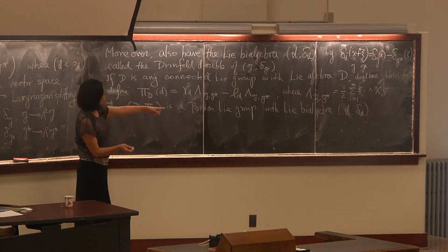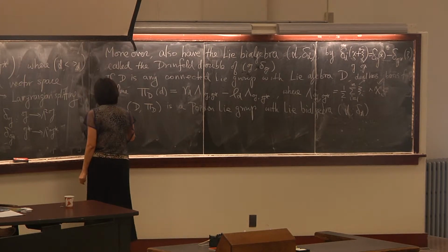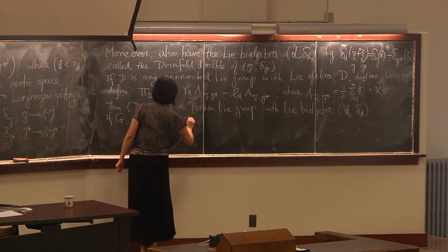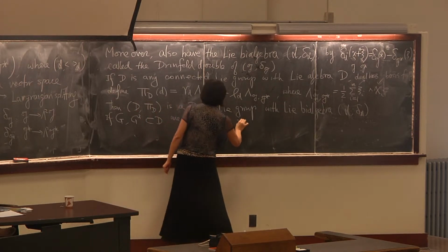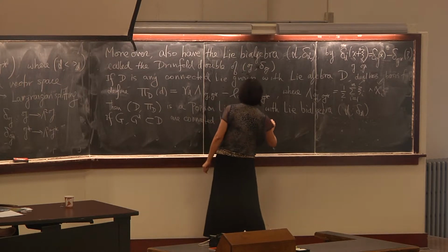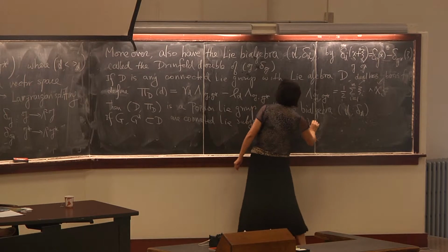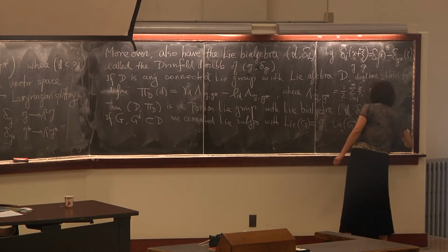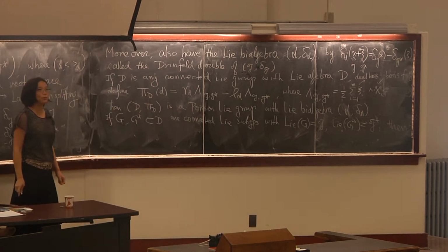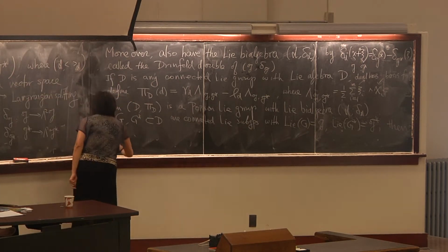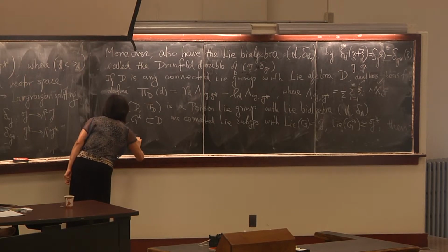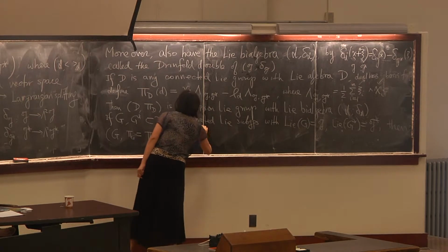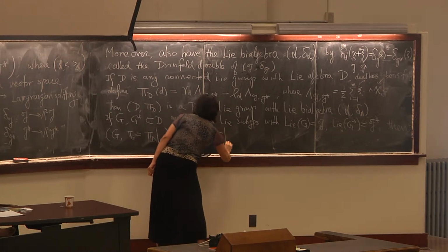It's not only this, you get a Poisson Lie group that integrates the double Lie bialgebra, but moreover, if G and G star are the connected Lie subgroups integrating, so the Lie algebra of G is G, and the Lie algebra of G star is G star, then you prove that G and G star are actually Poisson submanifolds with respect to this pi D. So you get a pair, by this I mean the restriction of pi D to G, and for G star, you take negative pi D restricted to G star.